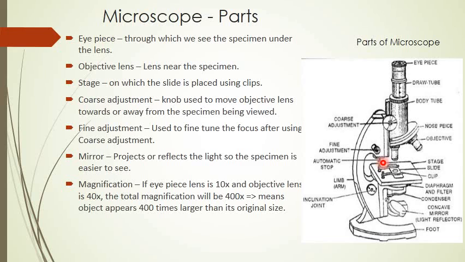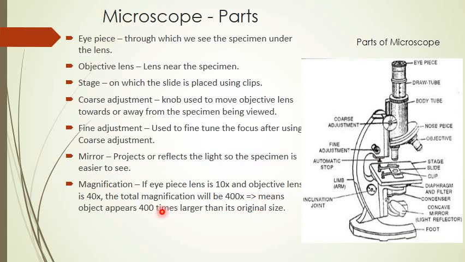The specimen looks that many times bigger based on the eyepiece lens and objective lens magnification. Getting the object clear is decided by the magnification we use, to make the specimen more clear.